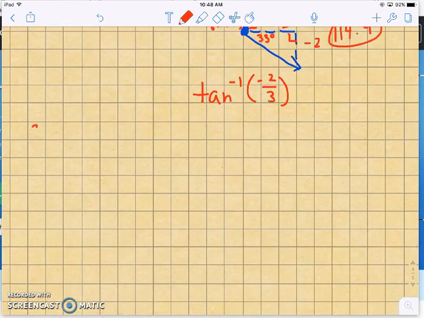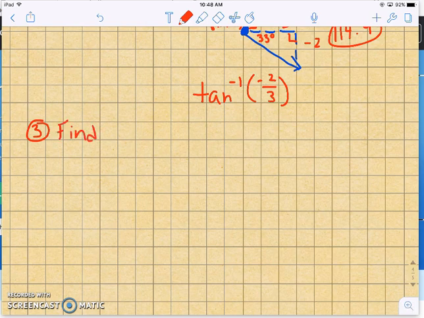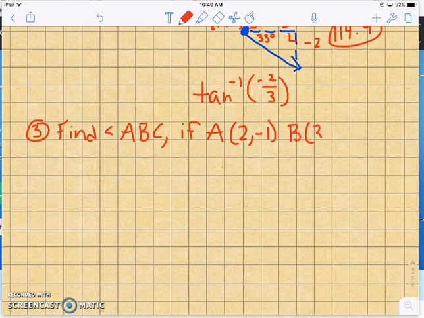And the third example that we're going to take a look at, let's say we had to find the measure of angle ABC. If A is (2, -1), B is (3, 4), and these are coordinates, and C is (-1, 3).